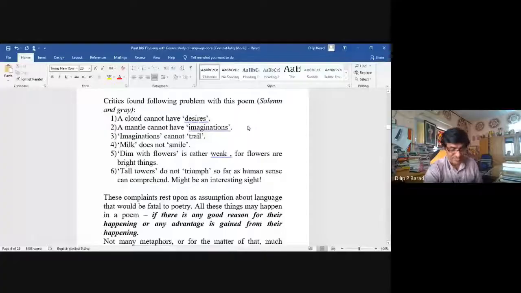What are these problems? He said that the questions which were raised were like this: a cloud cannot have desires. A mantle cannot have imagination. Mantle is a cloth. Imaginations cannot trail.